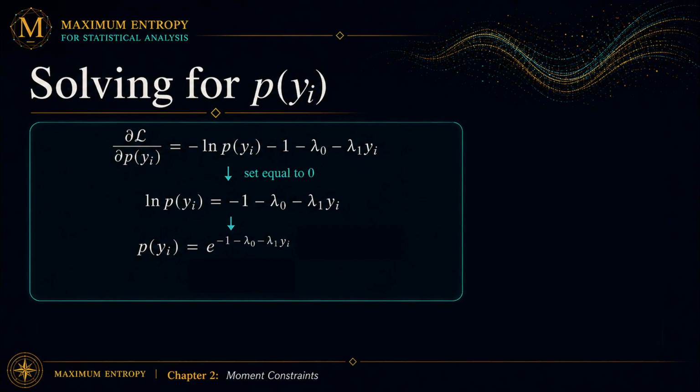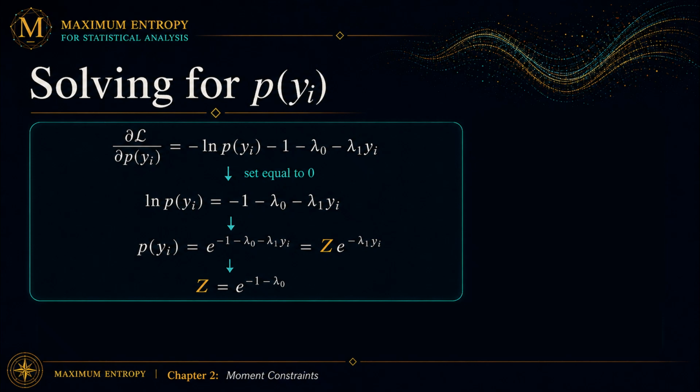Then there's a little notational trick that we will employ, and that is to call the e to the negative 1 minus lambda 0 term z. Notice that that part of the term has no dependence on y. So we just call that z, and it makes it easier to work with.